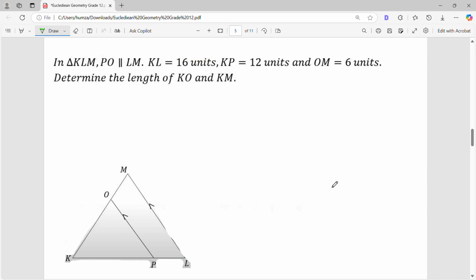In the triangle KLM, PO is parallel to LM. KL is equal to 16 centimeters, KP is equal to 12 centimeters, and OM is equal to 6 units. Determine the length of KO and KM.